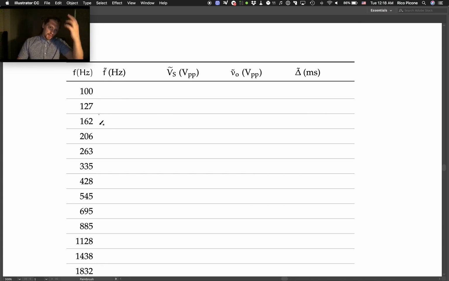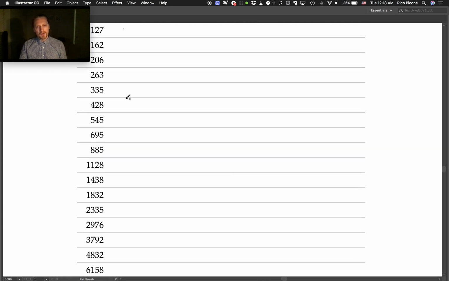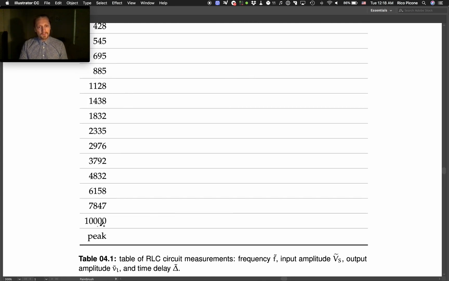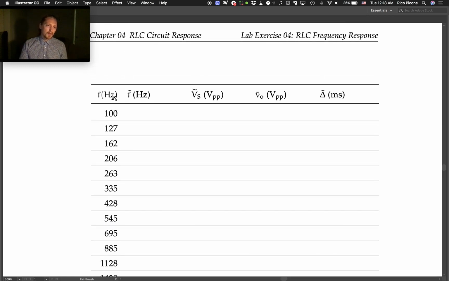So I give you all these different frequencies. What I did was I said from 100 hertz to 10,000 hertz, I want you to make these measurements on a logarithmic scale.